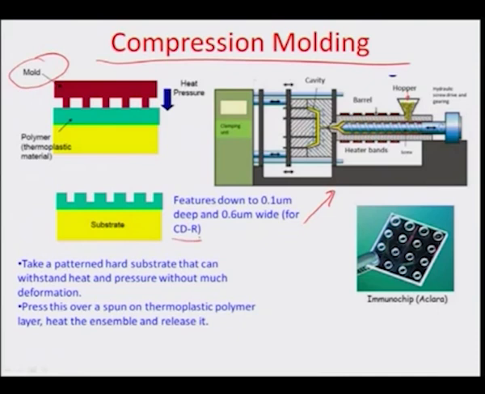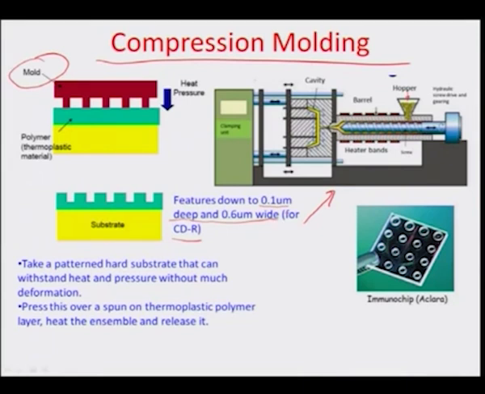These days there is an increasing application of these techniques for creating CD-ROMs, with features down to almost 0.1 microns deep and 0.6 microns in width. I mean, features separated by this kind of a distance scale can easily be made by this process for developing CDRs. Okay.